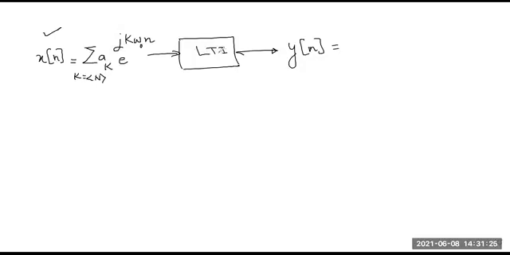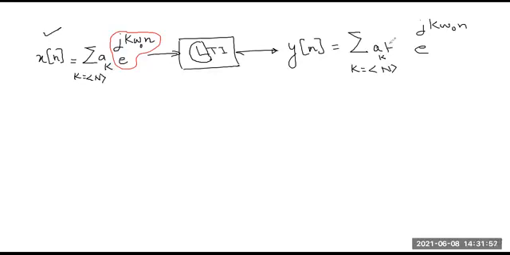So using the principle of superposition, because the system is linear, we can say that the output will also be the linear combination of the same signal which was applied as input, but this system is going to multiply the Fourier coefficients ak with a function that we call the frequency response, and the value of that frequency response will be a function of k times omega.